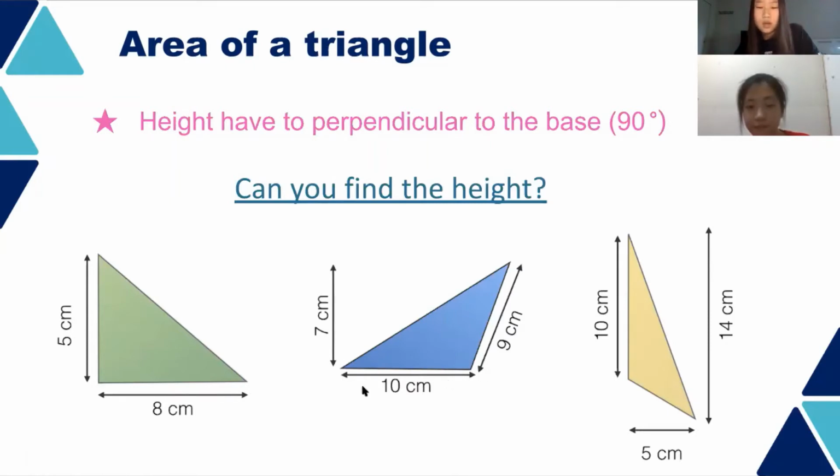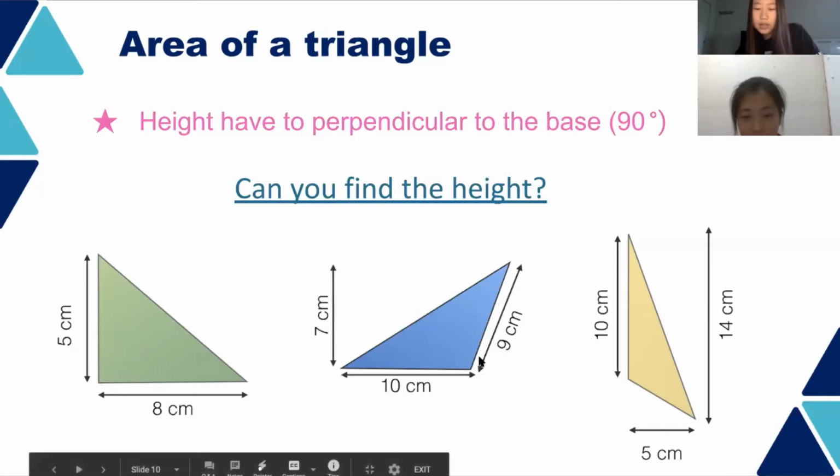For the blue triangle, the 7 would be the height because it's a straight line down, not like the 9 centimeter, which is slanted. So the 10 would be the base. It's pretty obvious that 10 is the base in this case for the blue triangle.